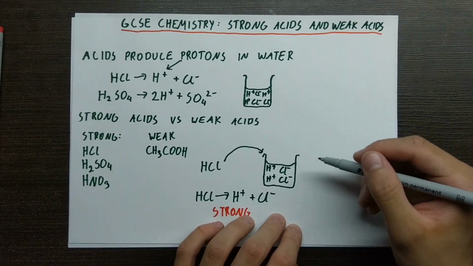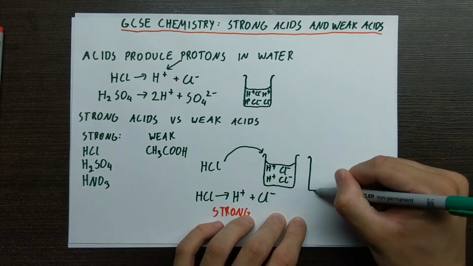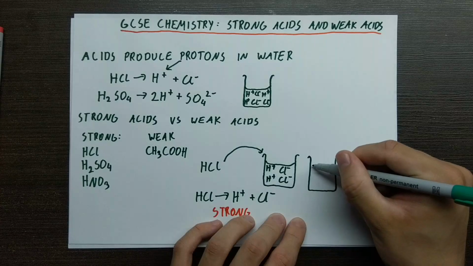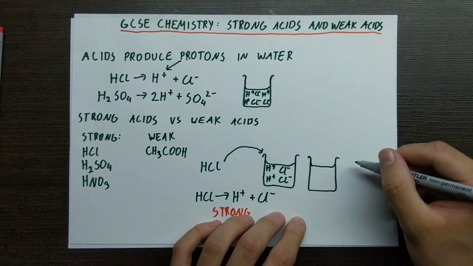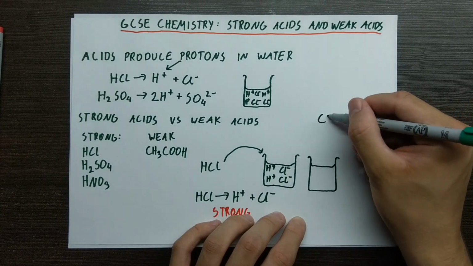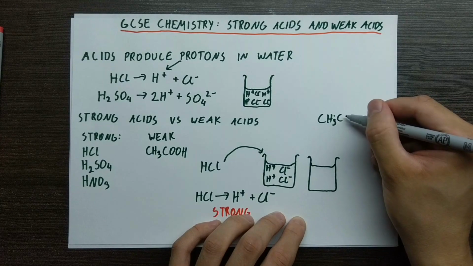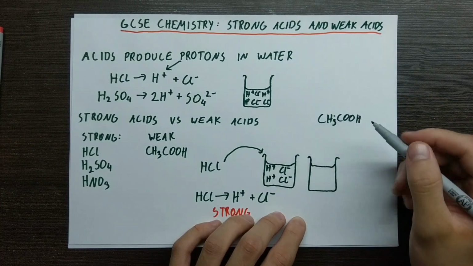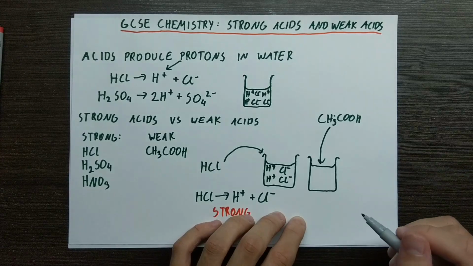So we have a cup with water, and here we are putting ethanoic acid. So we are putting CH3COOH. Now, putting that in, what happens now?